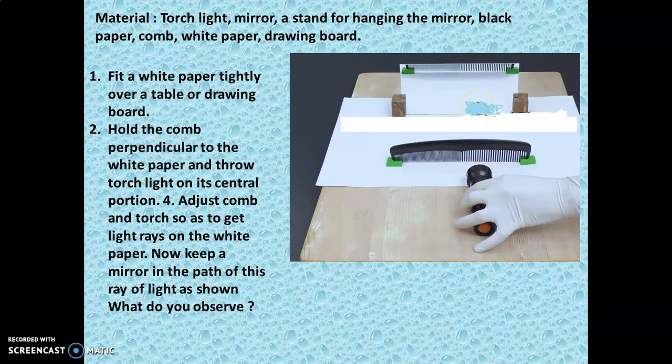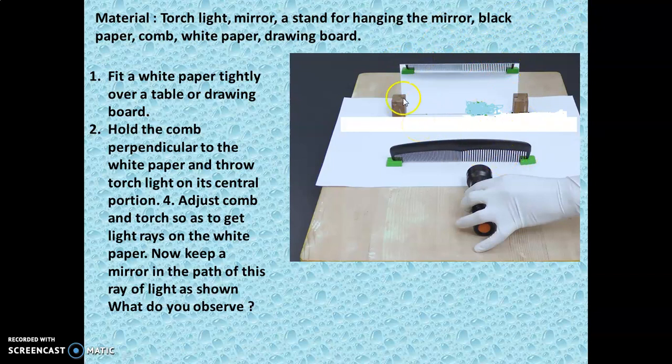Adjust the comb and torch so as to get the light rays on the white paper. Now here it is adjusted in such a way that we get the rays of light on the white paper. Now keep the mirror in the path of this ray of light. Afterwards, this mirror is kept on the path of this ray of light.